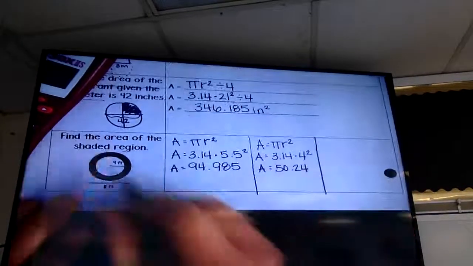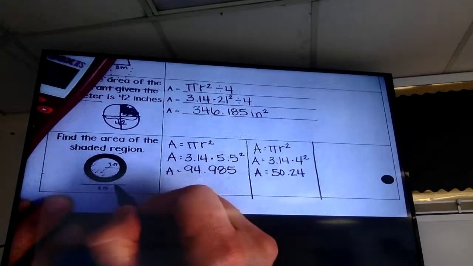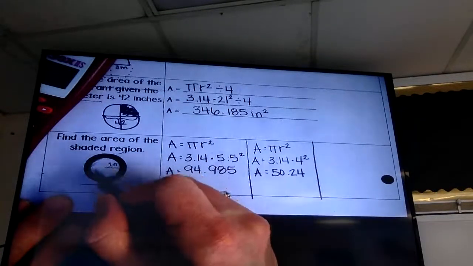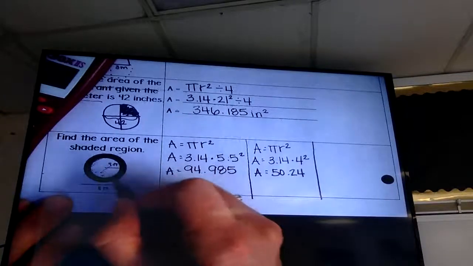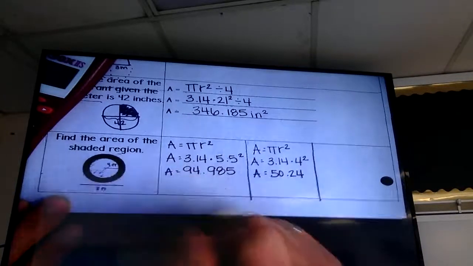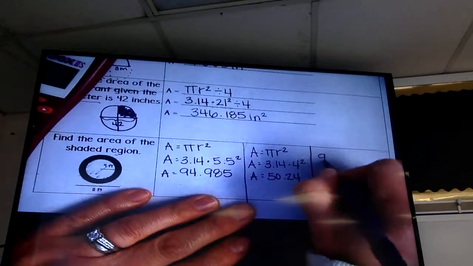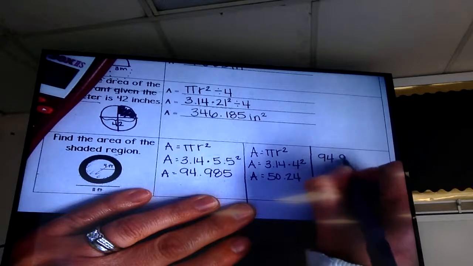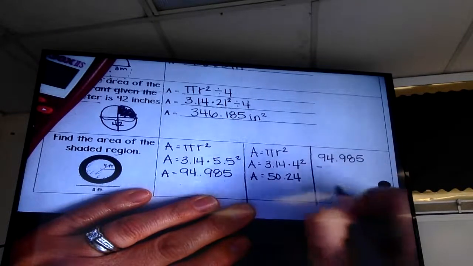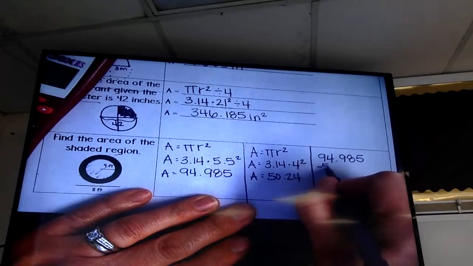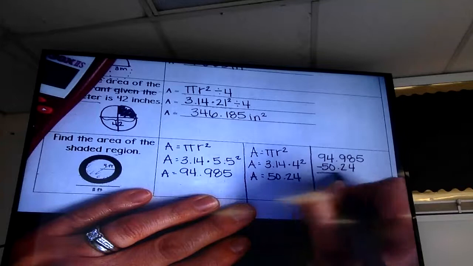Okay, so now I got one final step. This is if the whole circle was filled in. This represents just the white circle. So if I subtract the white circle away from the black circle, it's going to give me that ring that is left. So that's what I'm going to do. My black circle was 94 and 985 thousandths minus, now make sure I line up my decimal point, 50 and 24 hundredths.